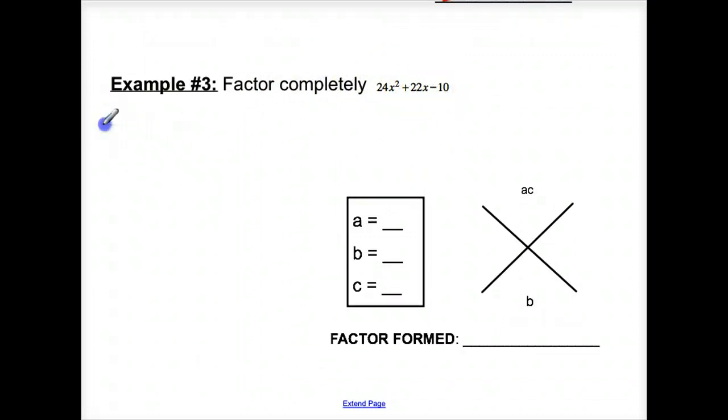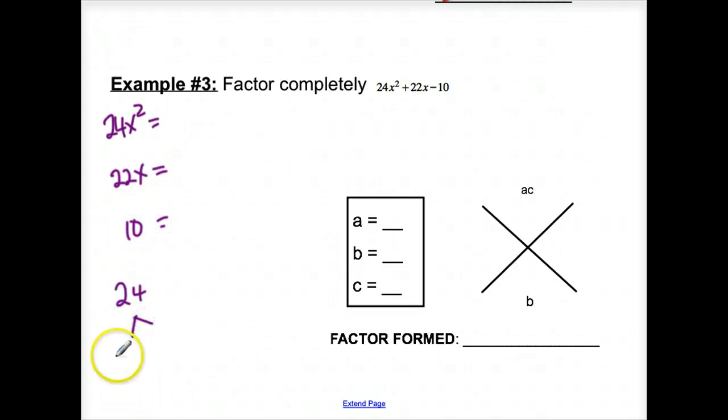So I'm going to take every term and break this down: 24x squared, 22x, and 10. So if you don't know how to do this, let's do it real quick. 24, break this down. 2 times 12, I know 2 is prime, and 12 is 2 times 6, broken down. 6 is going to be broken down as 3 times 2.